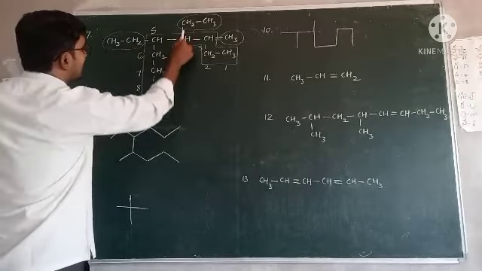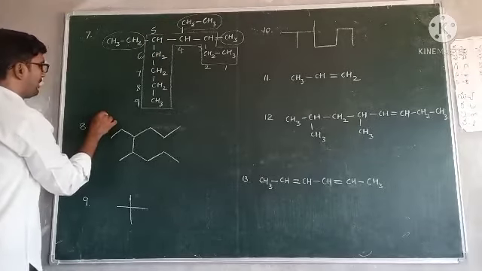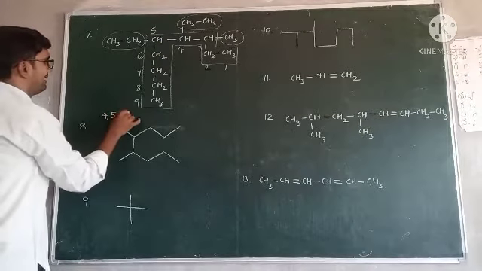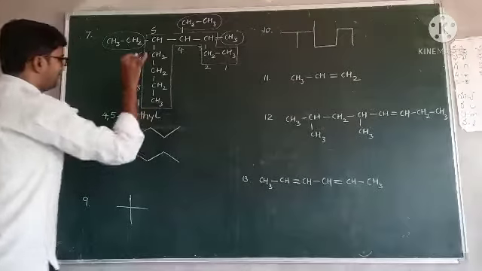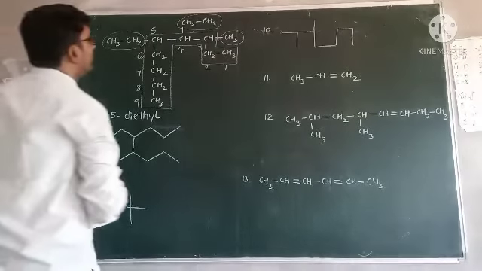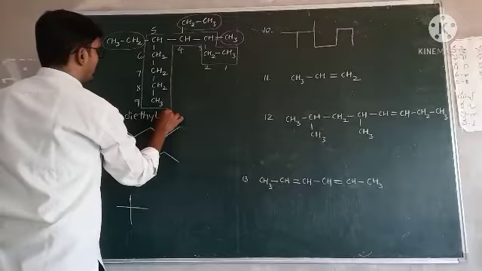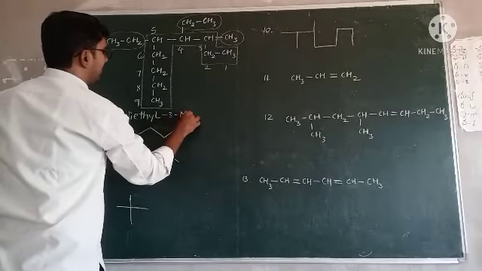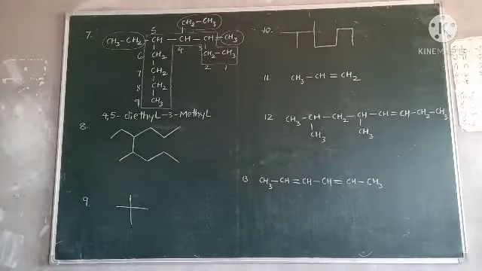This one is attached at the 4th carbon, this one at the 5th carbon. So 4,5-diethyl. The methyl group is attached at the 3rd position. So 3-methyl. Substitution part is completed.